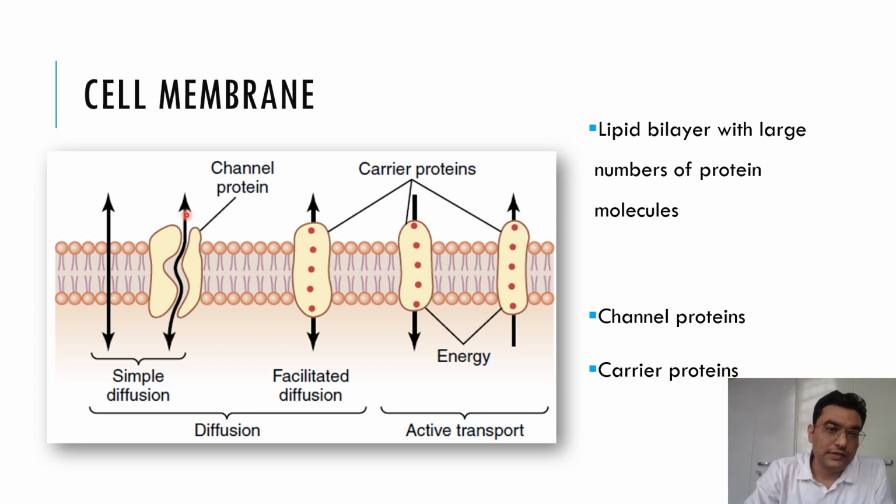As you can see, there is a path here. This path contains water, so these are watery spaces, just like river channels. These channel proteins contain river-channel-like watery spaces all the way through, and this watery space allows free movement of some ions or molecules.